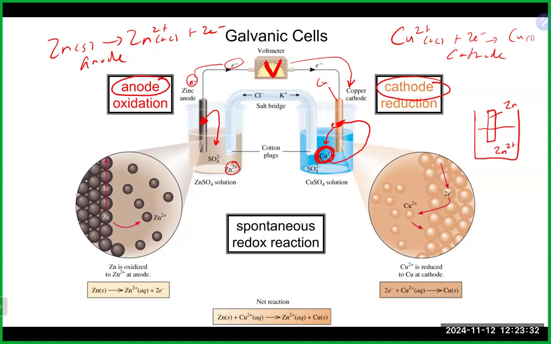There's also a really important function here, or another part to a galvanic cell, and that is the salt bridge. And the salt bridge is usually a tube like this in a lot of cases. That tube has some type of electrolyte in it, like an ionic compound, like in this example here, potassium chloride.